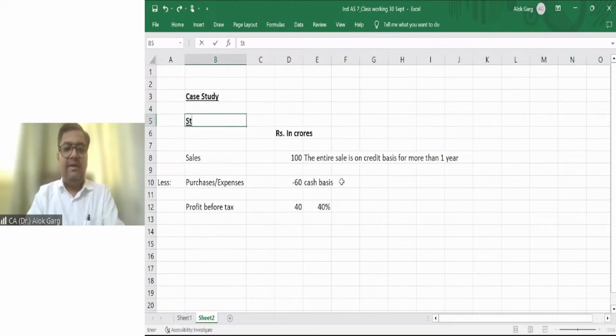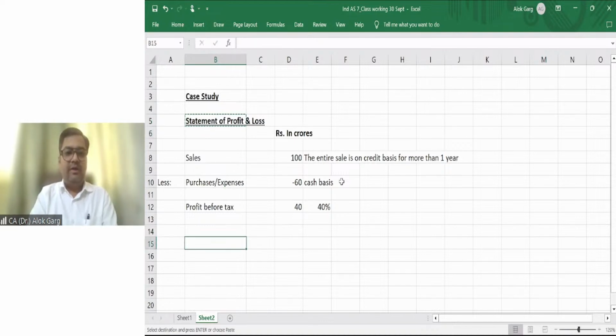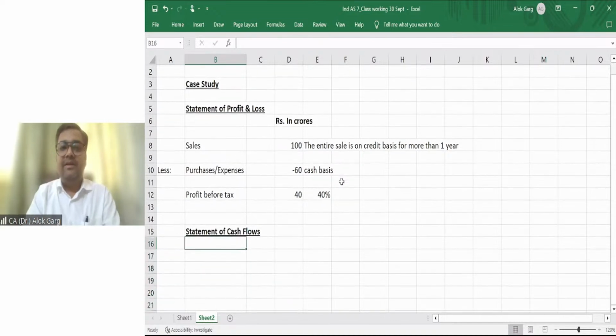This is my statement of profit and loss. Then let's go to the statement of cash flow. Friends, would you invest in this company, considering this kind of profit and loss and this additional information? Yes or no?